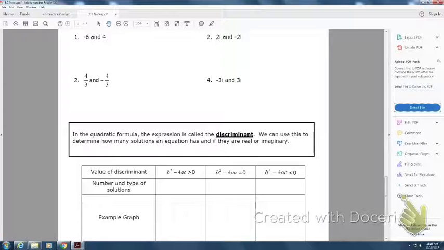So if my two roots, if on the graph they are at -6 and 4, what does my factored form look like? x plus 6 and x minus 4. Okay. So here we've got two roots, and we're putting it into factored form, and then we need to put it in standard form, which we have done before. How do I change that factored form to standard form? FOIL. So I have x squared. This one ends up being plus 2x minus 24.